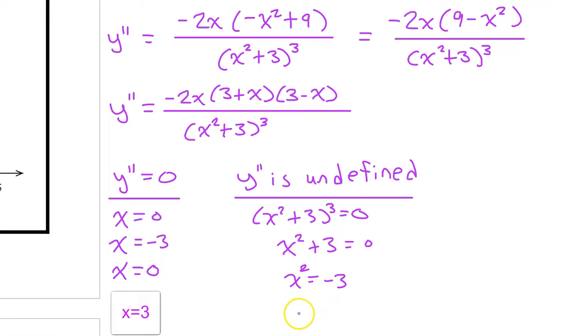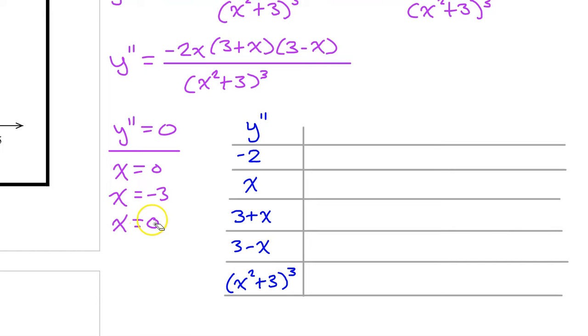But if you try to go even further and take the square root of both sides, you would get an imaginary number. So, no solution. Wait, back here I said x equals 0. X equals 3. I bet if I go back and look at the tape, I said 3 and wrote 0. Anyway, the three critical values are 0, negative 3, and positive 3.